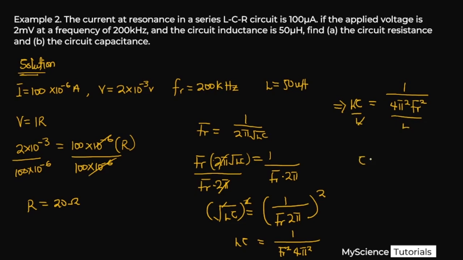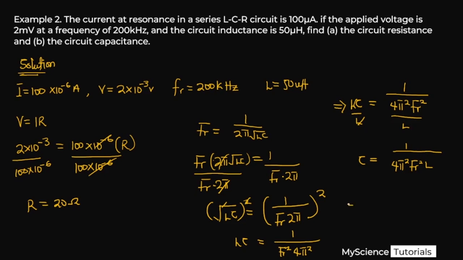So if we divide both sides by L, our C will now be equal to 1 over 4 pi squared resonant frequency squared, divided by L, so it will be multiplied by 1 over L. So L will now come at the denominator over here.